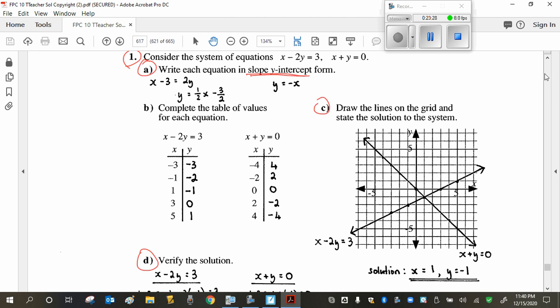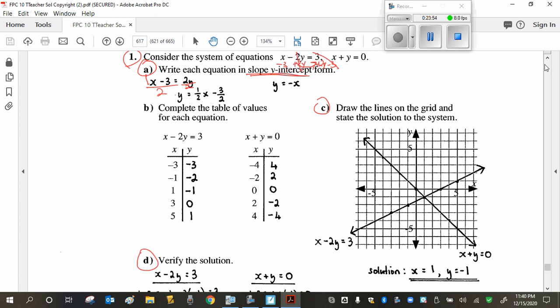When you solve for y here, they moved the 2y over, so they added 2y to both sides and subtracted 3. Which is x subtract 3. Now you divide by 2. And you can see this is 1/2 x, subtract 3 halves.